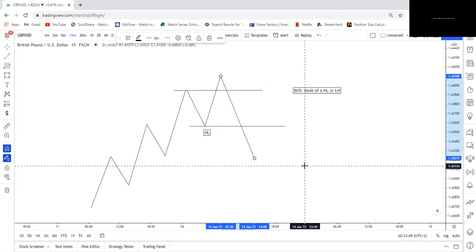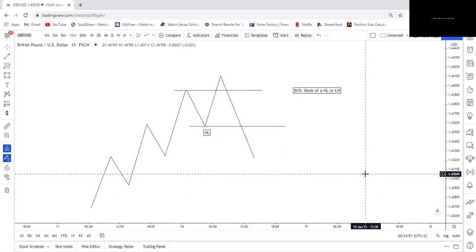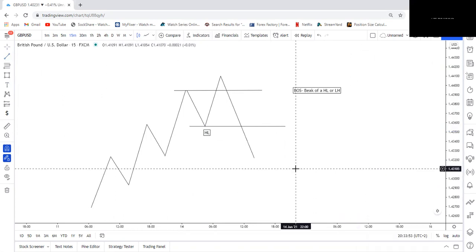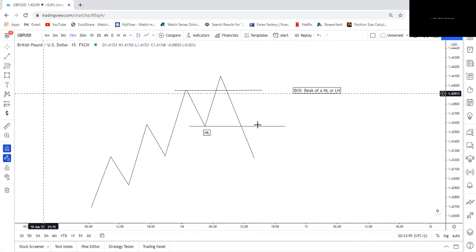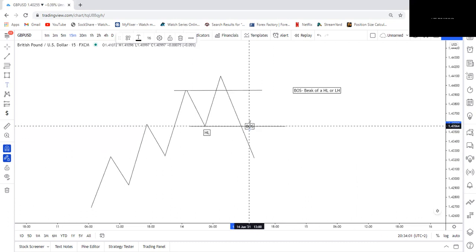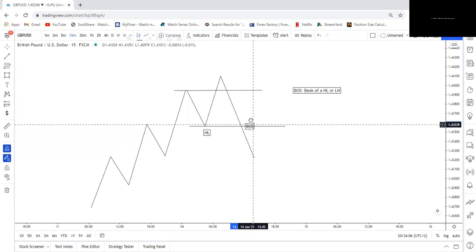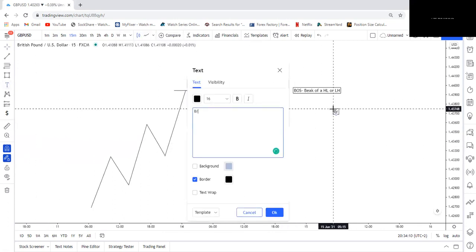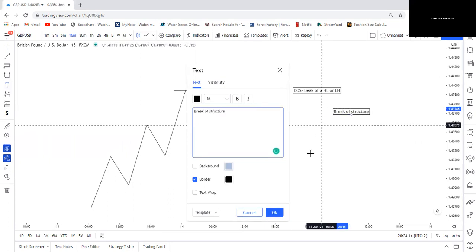And when that happened, guys, this is what we call a break of structure. I'm just going to say BOS. Okay, let me delete this. This right here is a BOS, or better known as break of structure. Why is it a break of structure?